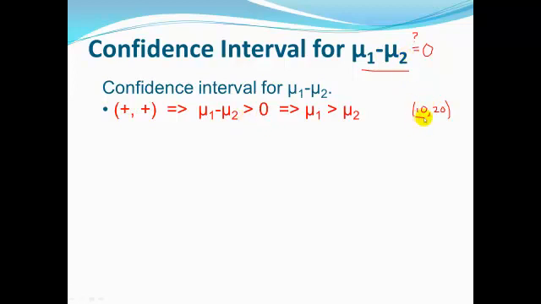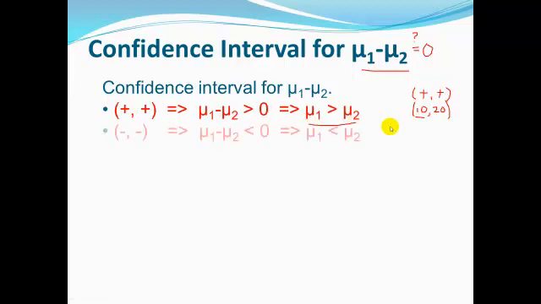It's a positive lower endpoint and a positive upper endpoint. The difference between the means is greater than 0. Our conclusion is going to be mu1 is bigger than mu2.